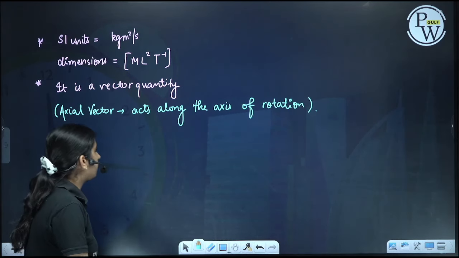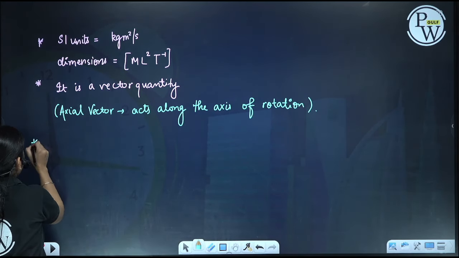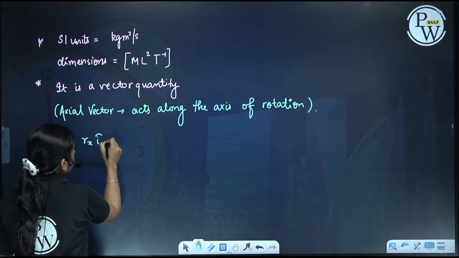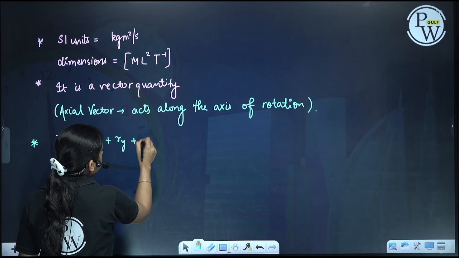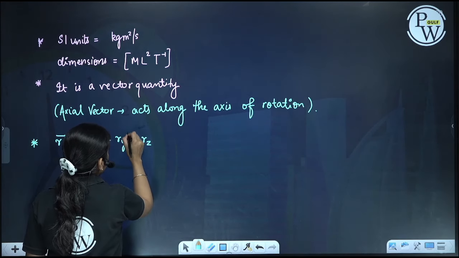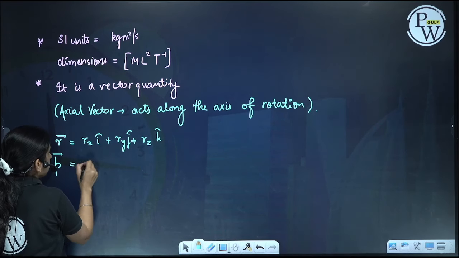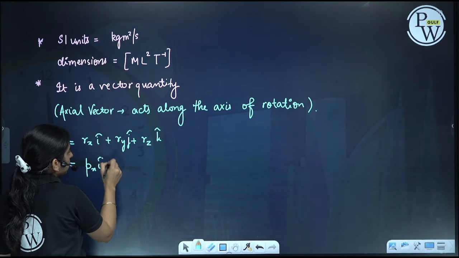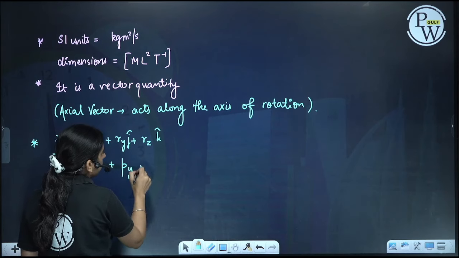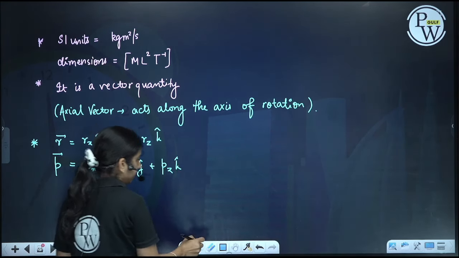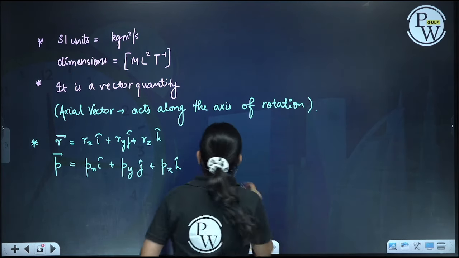Now see, if you have r vector equal to rx i cap plus ry j cap plus rz k cap, and linear momentum as px i cap plus py j cap plus pz k cap, then what will be my angular momentum?